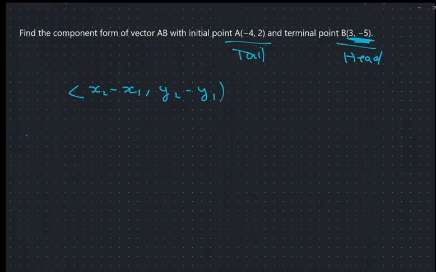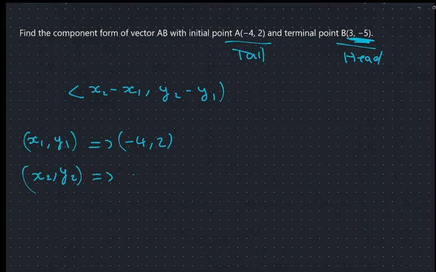So let's write them here. x1 and y1 are -4 and 2, and x2, y2 are 3 and -5. So let's do it. What is x2?